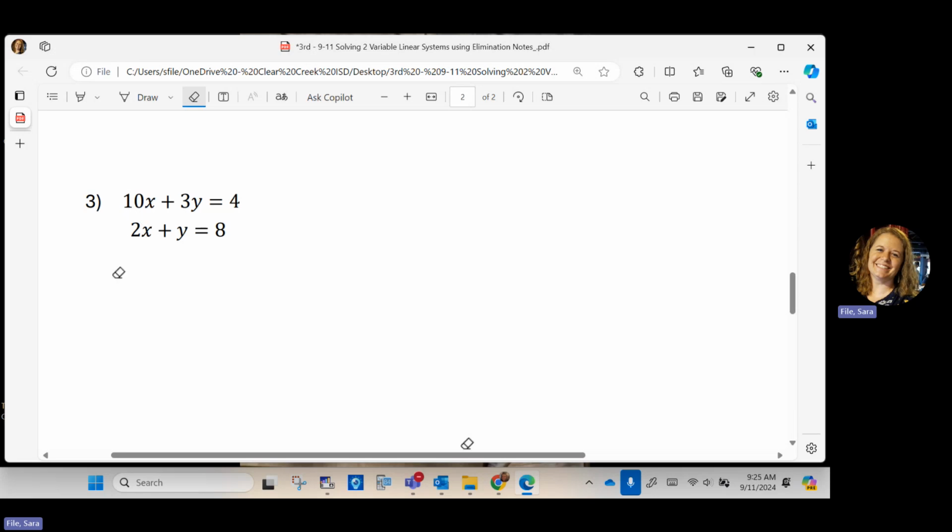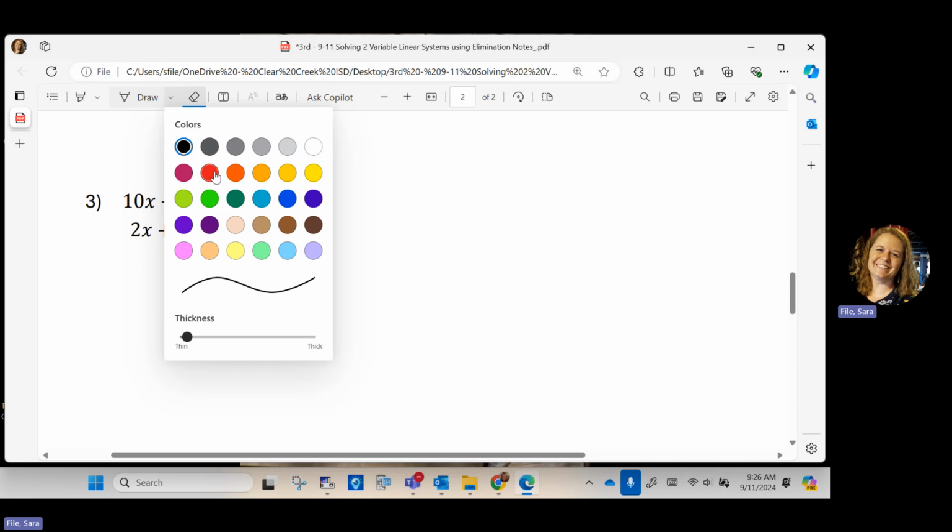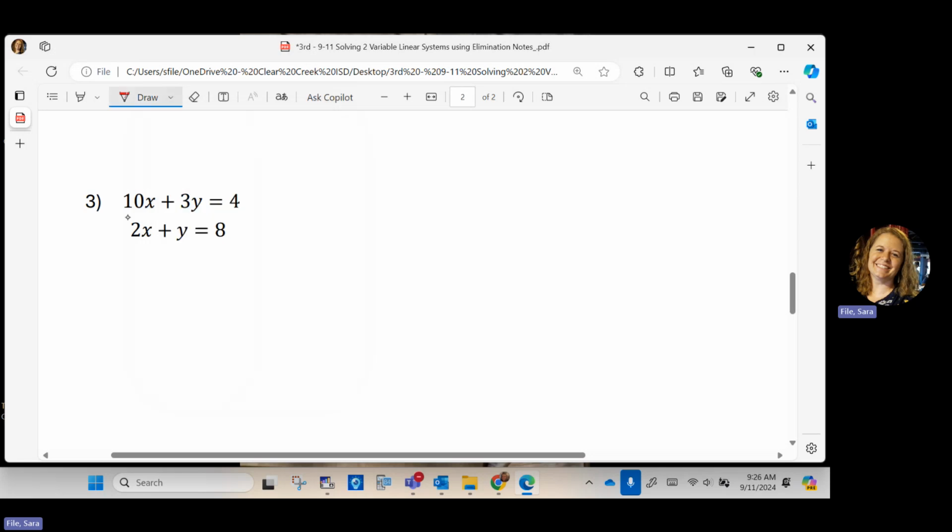Do y'all agree? Or look at the Y's. What if I wanted to eliminate the Y's? What could I multiply this 1 by to get it to a -3? By -3. So either way, I would be multiplying the bottom equation by something. Do y'all want to eliminate the X's or the Y's?